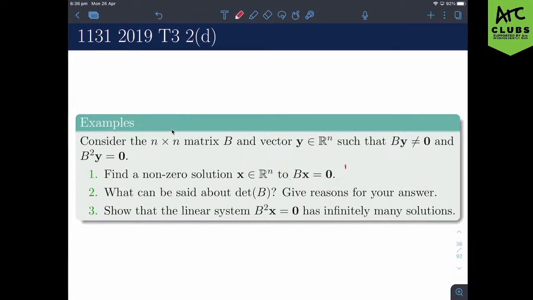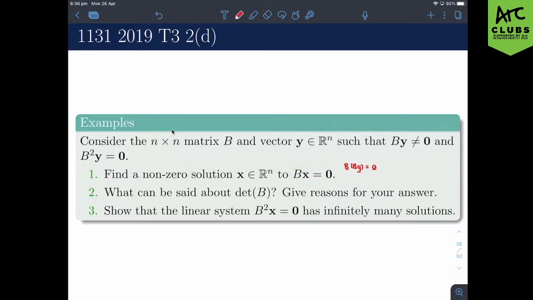We can write B squared y as B times By, and we know that that's equal to 0. And nicely enough, By is non-zero, and so a solution would be By. So a non-zero solution to this system would be By.